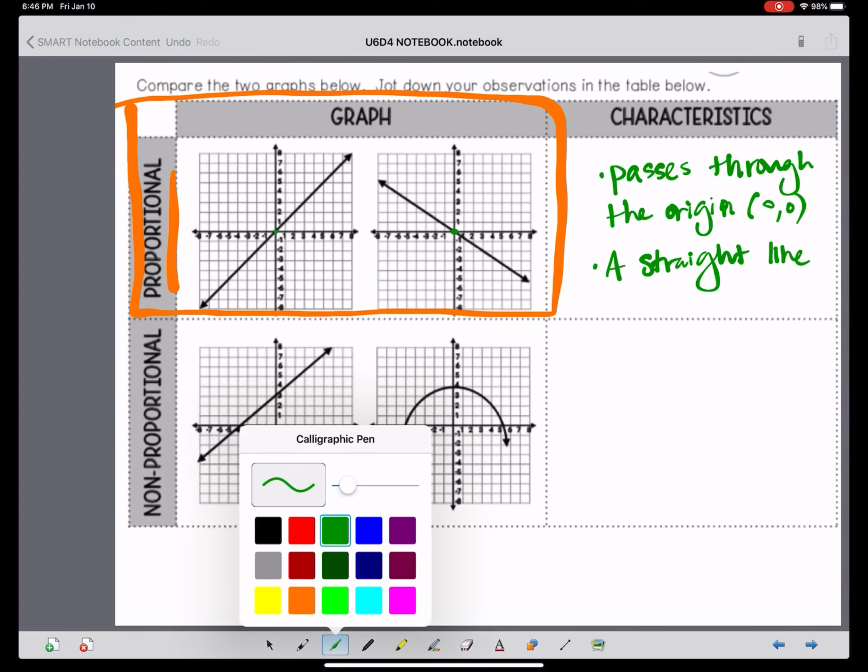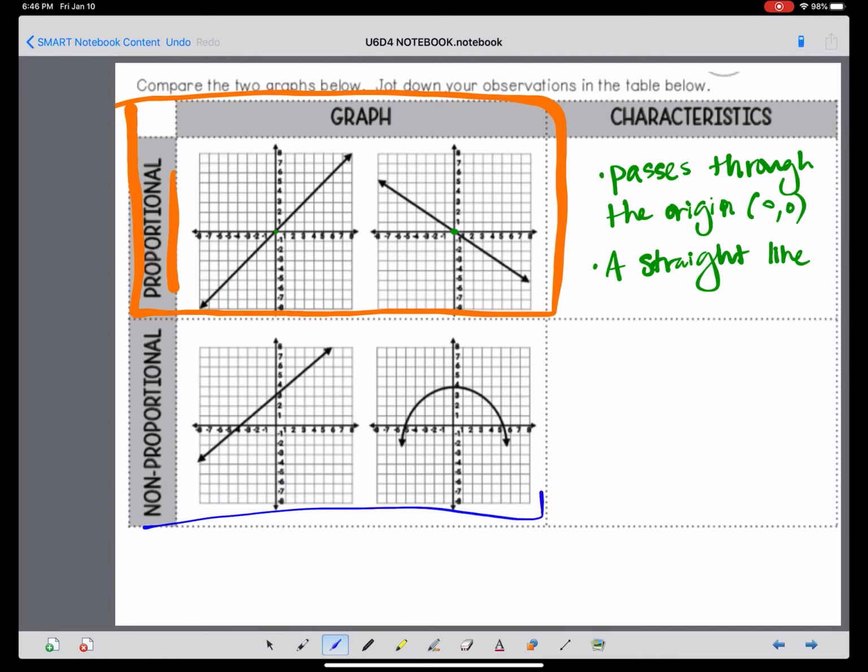And now I'm going to take a look down here at these other graphs. They say they are non-proportional. I notice here this graph does not go through 0. Neither does this one. This graph is not a straight line, so it's not linear, while this graph is a straight line.